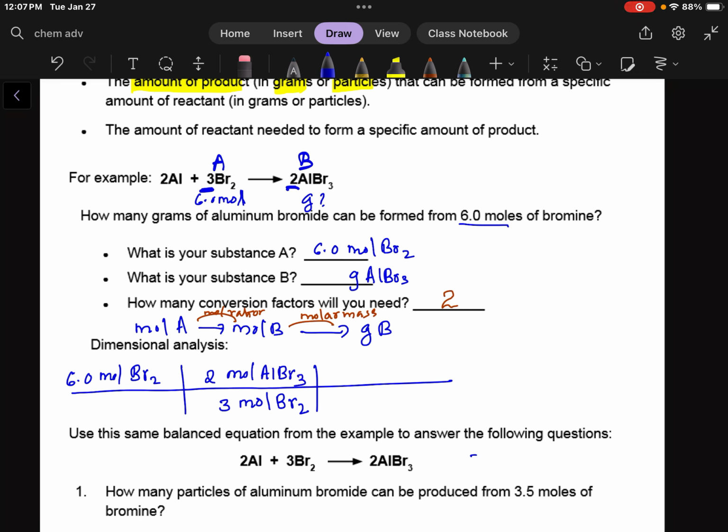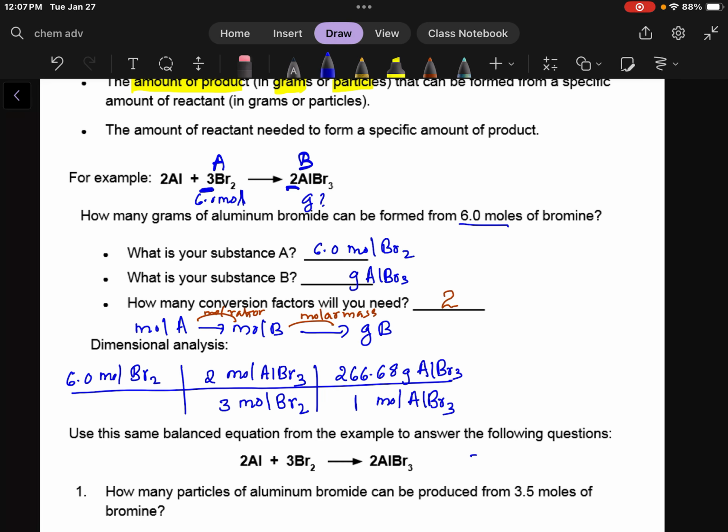Again copy the unit and identity down, and we know that it must always be 1 mole, and you are going to find grams. Use the periodic table to find the molar mass: add 1 aluminum and 3 bromine. You will get 266.68 grams of aluminum bromide.